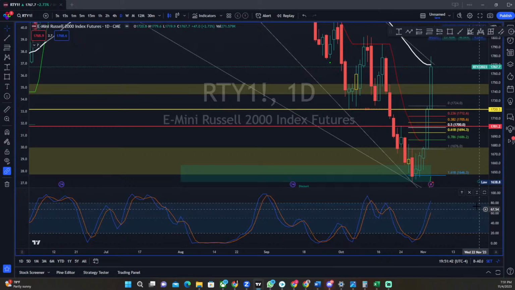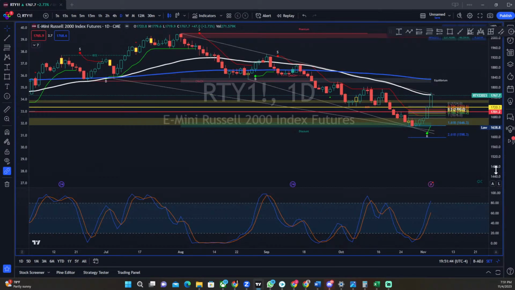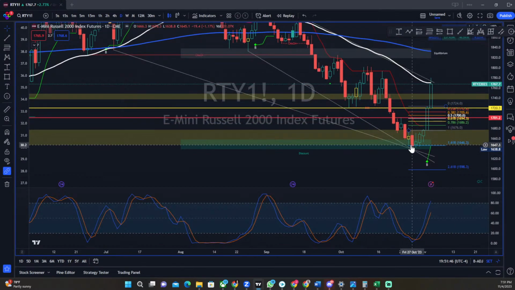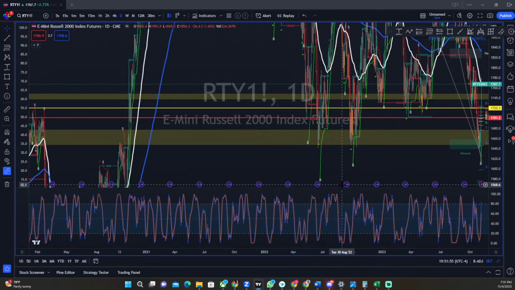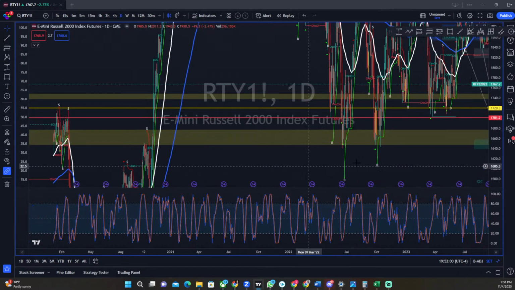Next one, Russells. Small caps tends to move first. When I saw this, I told my whole entire floor, be prepared, we're pushing up. This area has not been broken at all. They tried in September of 2022. They tried in June of 2022.